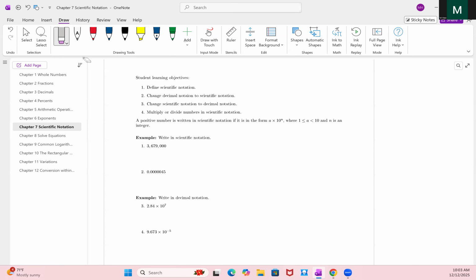So before we write that, this is written as 3,679,000. The decimal point is here, so we need to write it in scientific notation. We move this decimal point between 3 and 6, so that a is between 1 and 10, and we write the non-zero digits times 10.